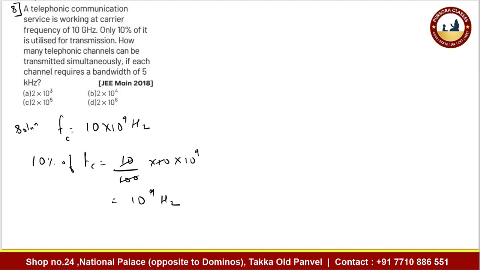Next, it is asked how many telephonic channels can be transmitted simultaneously. Each channel requires a bandwidth of 5 kilohertz.